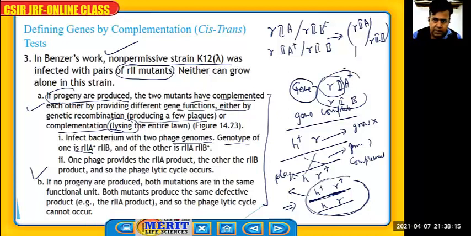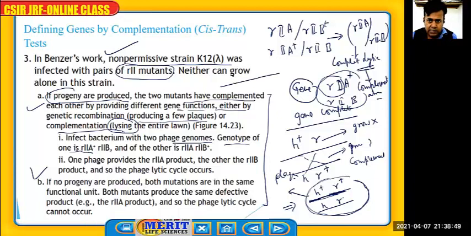Okay, so now what can you expect? A complete lytic cycle. If a complete lytic cycle is there, then what does it indicate, complementation or recombination? This will be complementation. So if no progeny are produced, both mutations are in the same functional product, DNA HR.